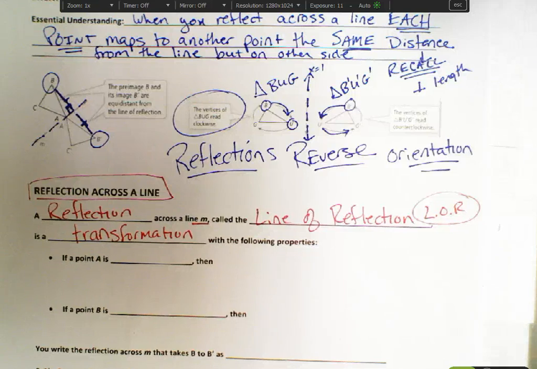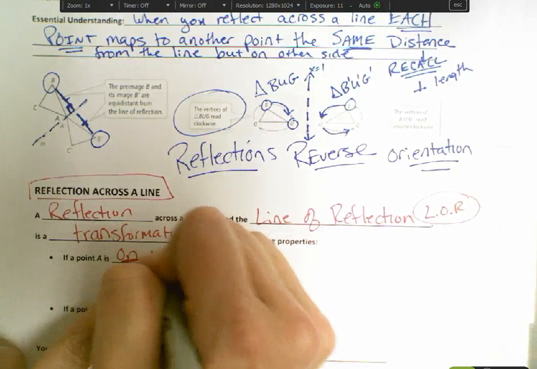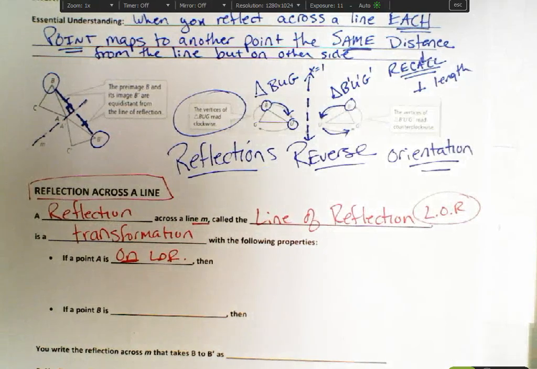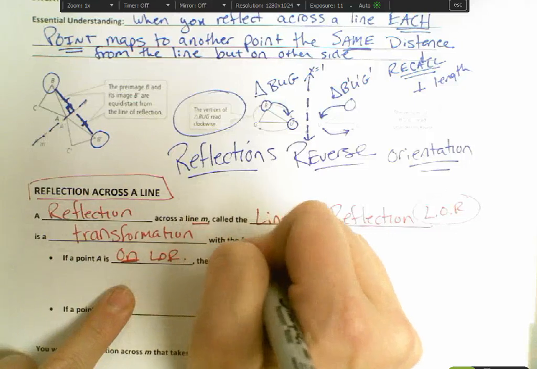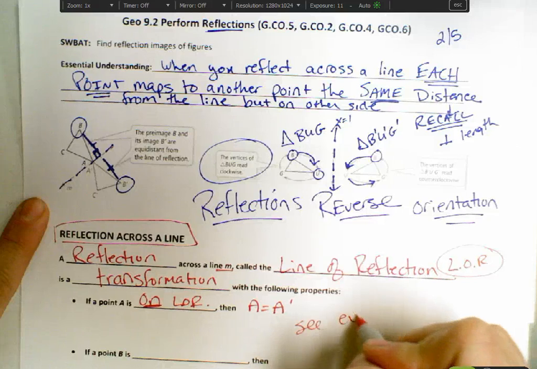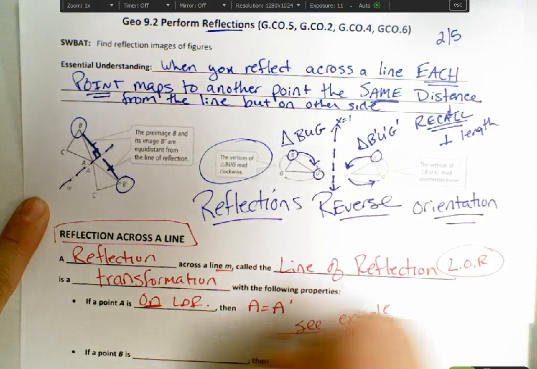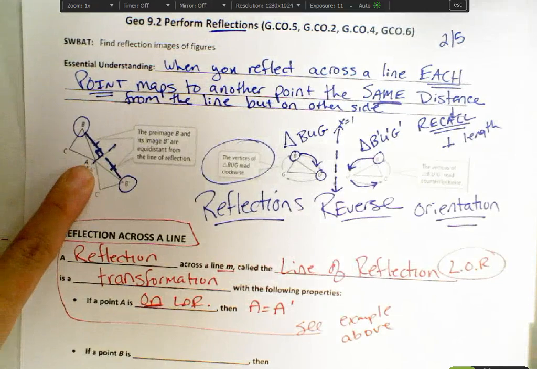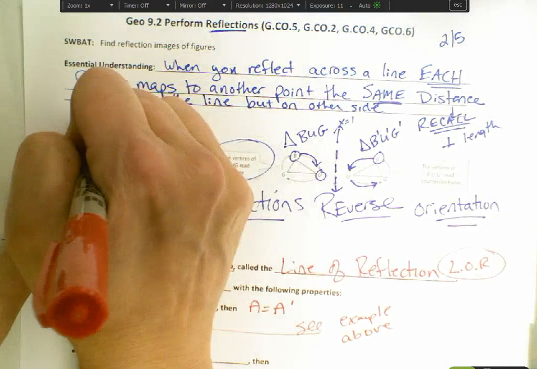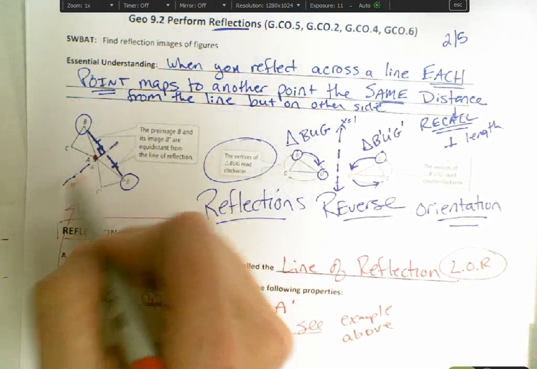If point A is on the line of reflection, then A is equal to A prime. So if we go back up to this example, my original pre-image A is right here on this line of reflection.